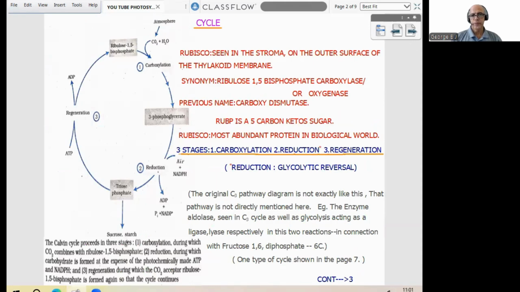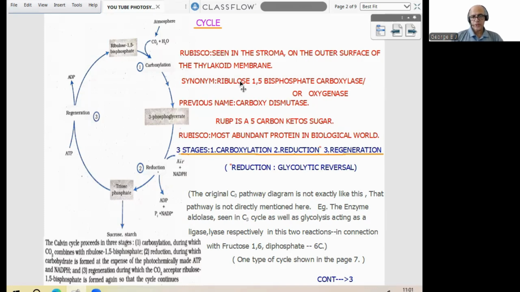This is the NCERT diagram for the C3 cycle. Before getting into it, we can observe this area. The main enzyme involved is rubisco, and it is seen on the stroma side, on the outer surface of the thylakoid membrane. The synonym of this enzyme is ribulose 1,5-bisphosphate carboxylase or oxygenase, rubisco.